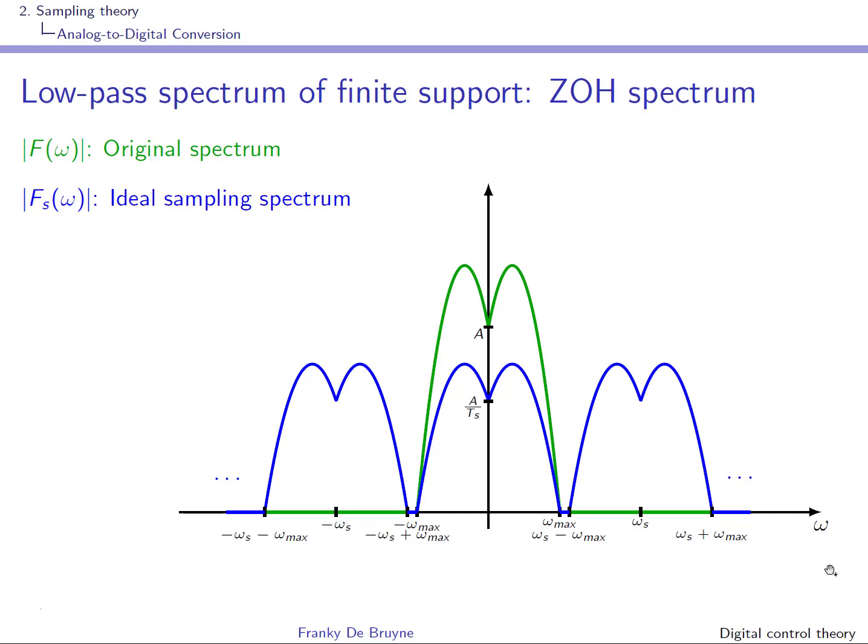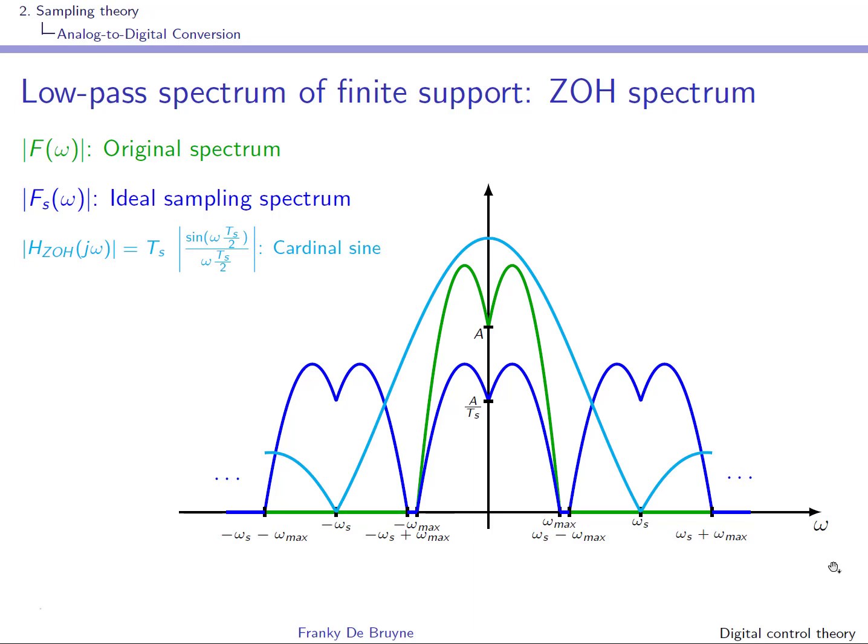So the blue amplitude spectrum can be obtained from the spectrum of the original signal, the central motif in green, by simply scaling this central motif and then taking shifted versions at frequencies k omega s, and this is how you obtain this periodic spectrum of period omega s.